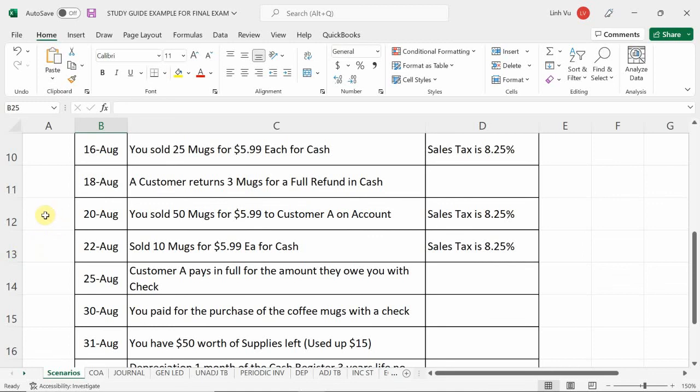All right, next one we have here. So we just did the 20th. On the 22nd of August, we end up selling 10 mugs for $5.99 each for cash. Sales tax was 8.25%.